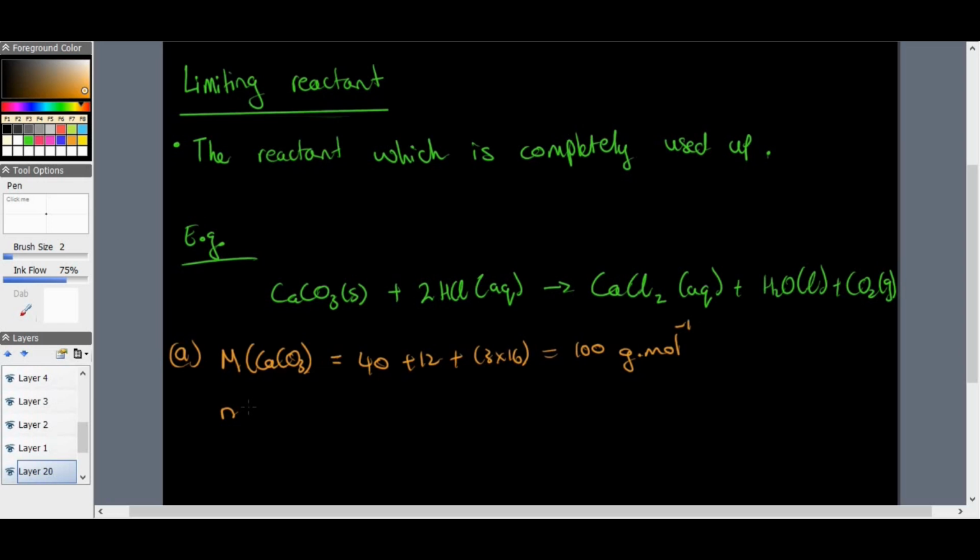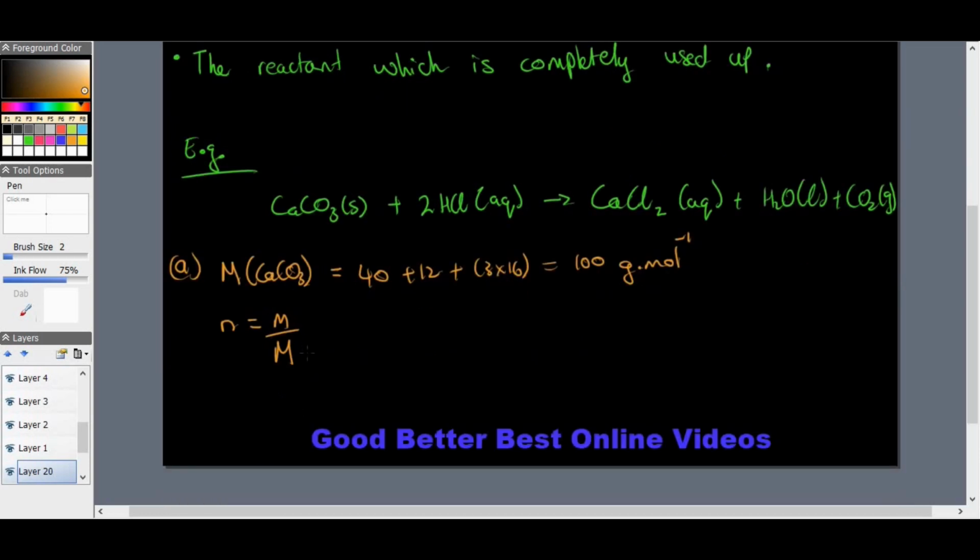The number of moles is mass divided by molar mass. So we have 4 grams divided by 100, and therefore the number of moles is 0.04 mole of calcium carbonate added to the solution.